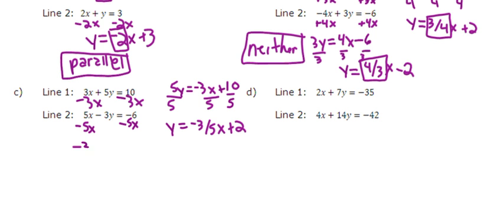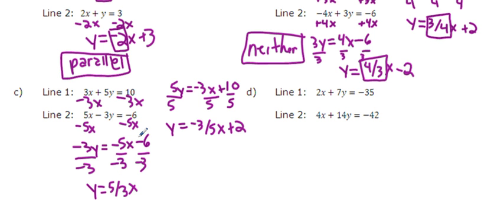I have negative 3y equals negative 5x minus 6. Divide by negative 3 on both sides. So I have y equals 5/3 x, positive 5/3, two negatives make a positive, and negative 6 divided by negative 3 is positive 2. So I look at my slopes, negative 3/5 and positive 5/3.